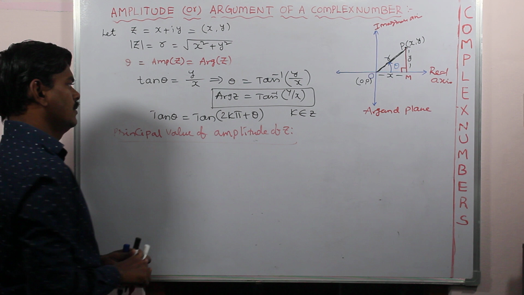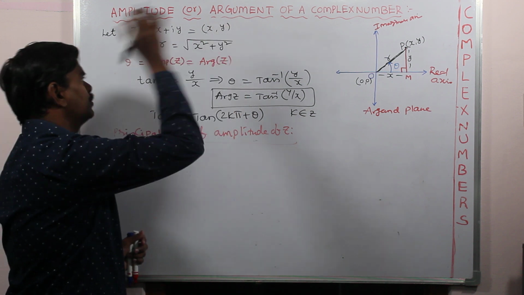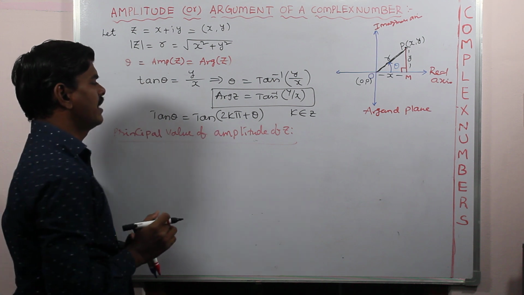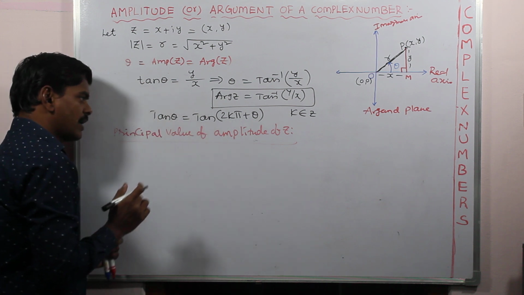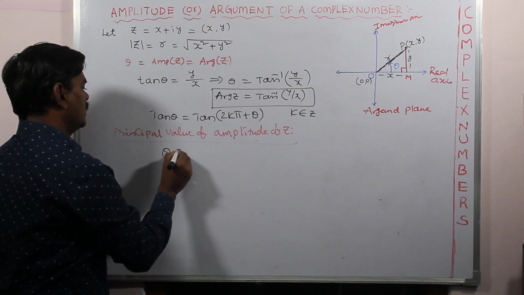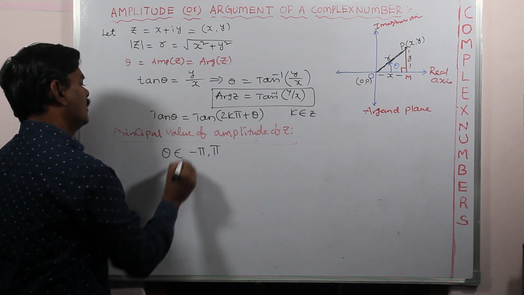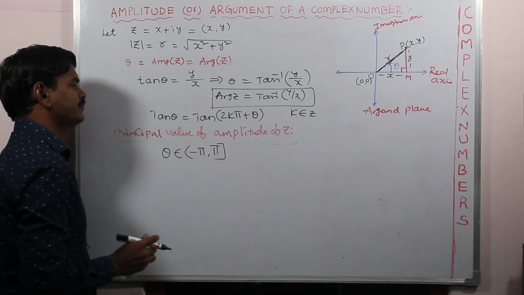Let us see the difference between amplitude of z and principal value of amplitude of z. Principal value of amplitude of z is defined as theta, which belongs to the interval minus pi to pi.